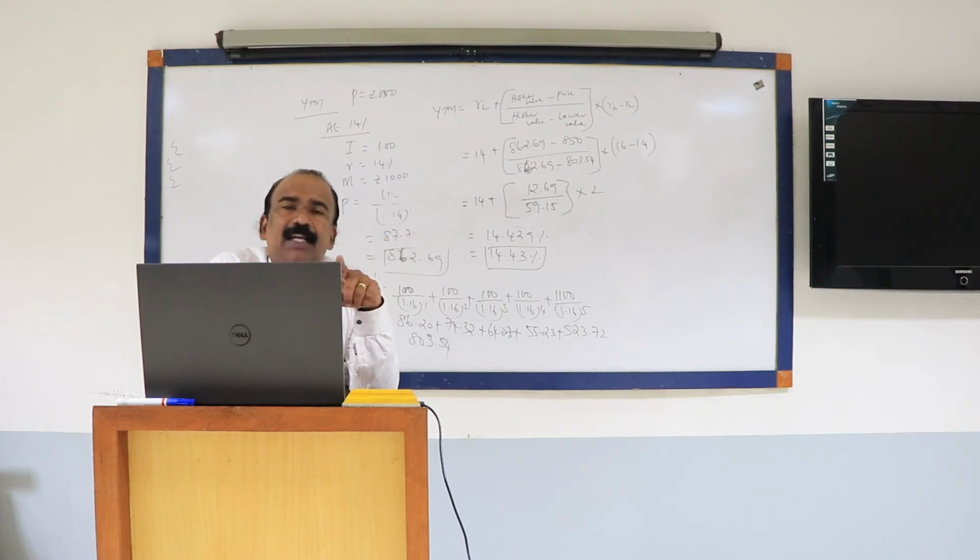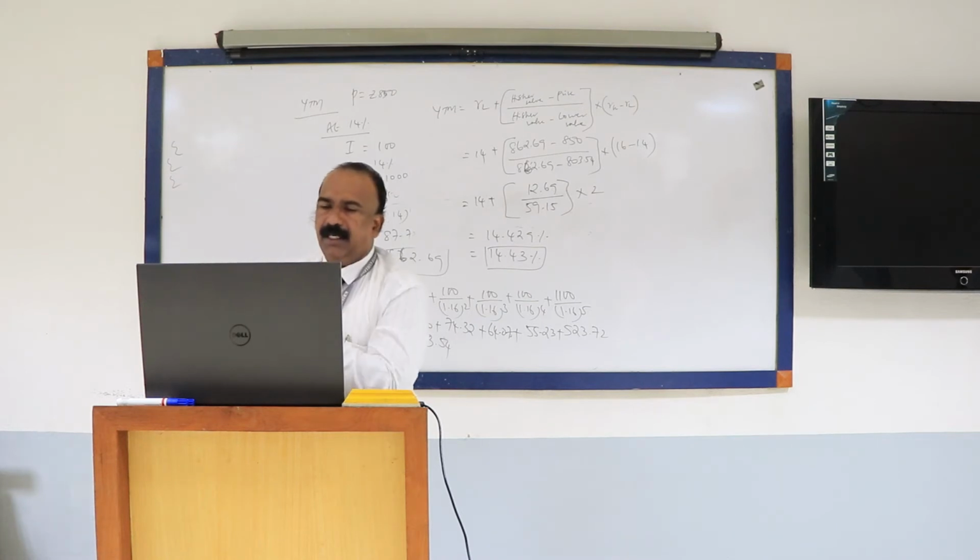And for maturity value, take table 3, the present value factor. For the respective percentage and the respective year, take the value given, and just multiply it. Don't divide it, multiply it.